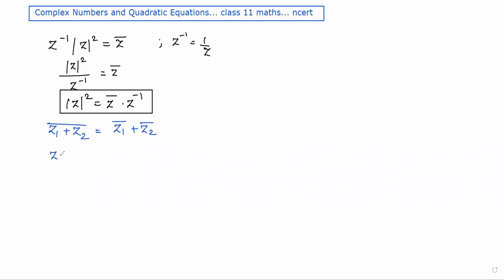Similarly, if you subtract two values and take their conjugate, then that will be equal to taking the first value's conjugate minus taking the second value's conjugate. Multiply two complex numbers, Z1 into Z2, and take the combined mod of it, that is equivalent to taking individual mods and then multiplying.